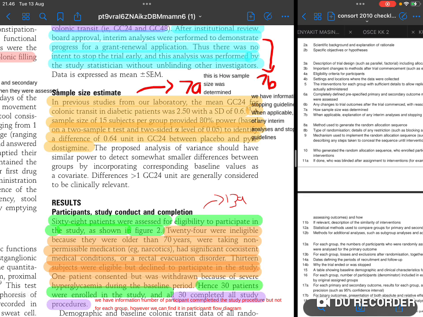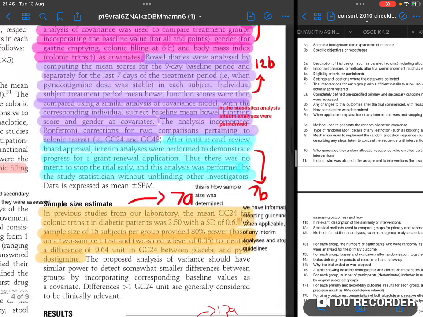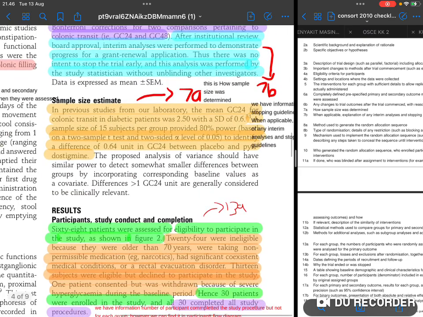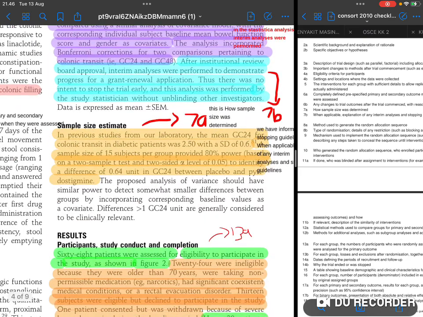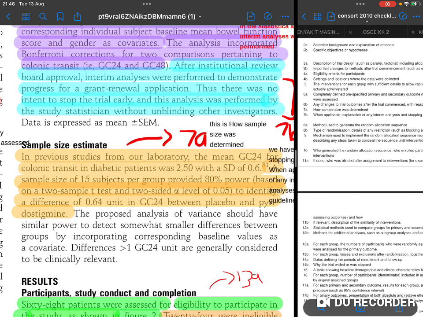We have information stopping guideline when applicable of any intervention analyzed, and then what else? You can see the after institutional review board approval and an interim analysis. It was written over here.